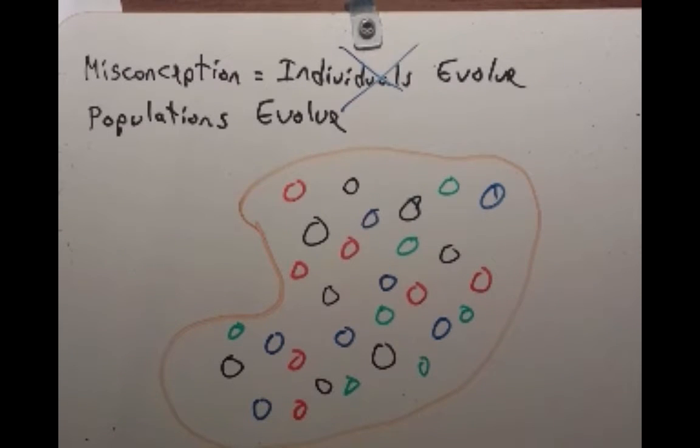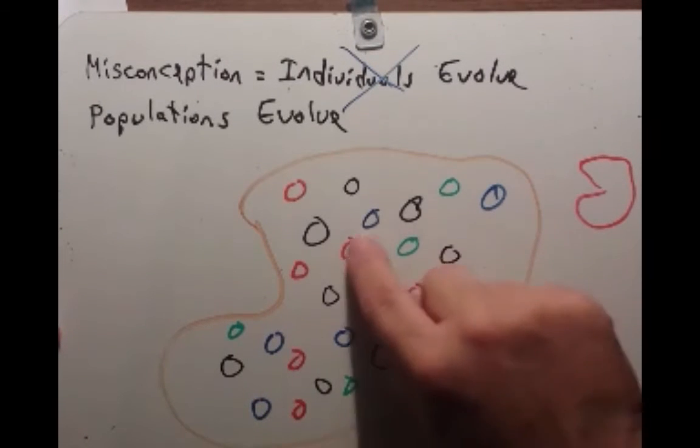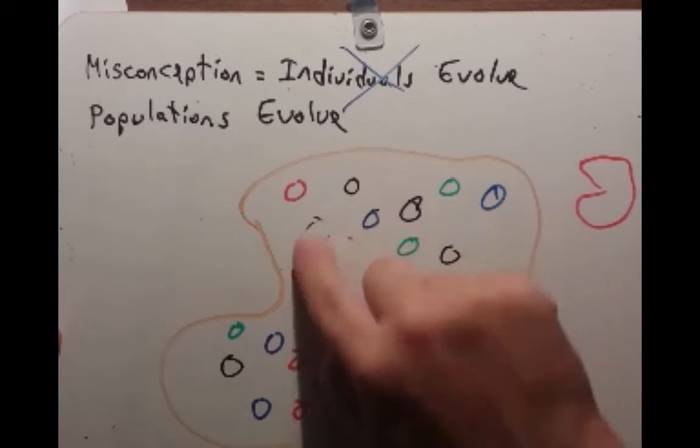We can go back to our idea that there's some predator that is introduced to the area, and for whatever reason, this predator doesn't get the blue ones. Maybe the blue ones don't taste as good. Maybe the blue ones are fast and can run away. Who knows? We don't know. Let's say they don't taste good. That's always fun.